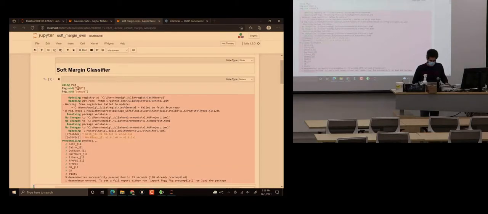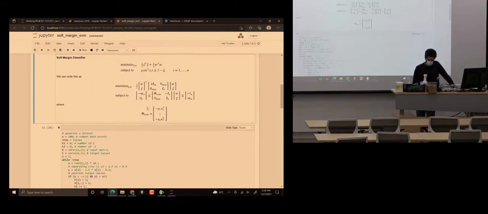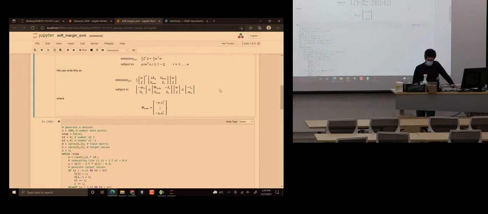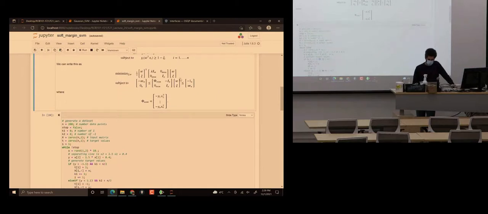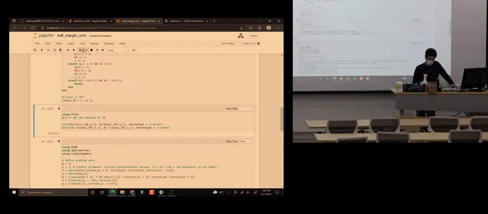Okay, so I add the packages again. If you don't have them, you need to install OSQP and Compat, which will add sparse matrices for you. I define my problem, and here I'm generating data.